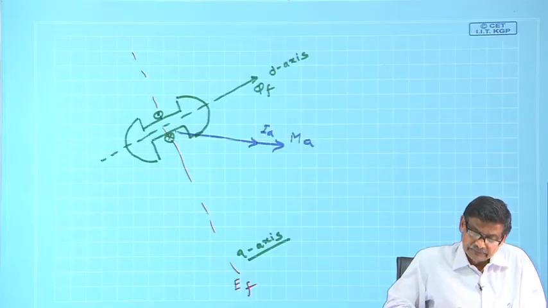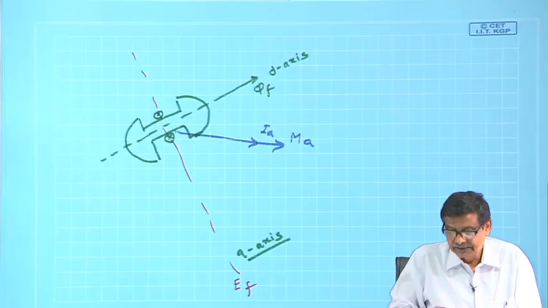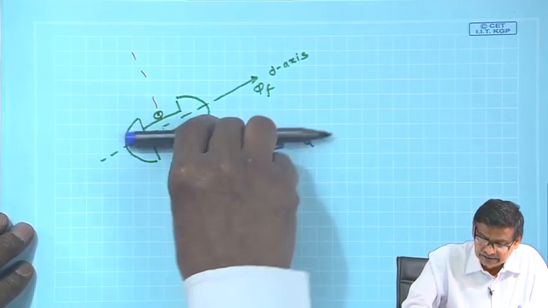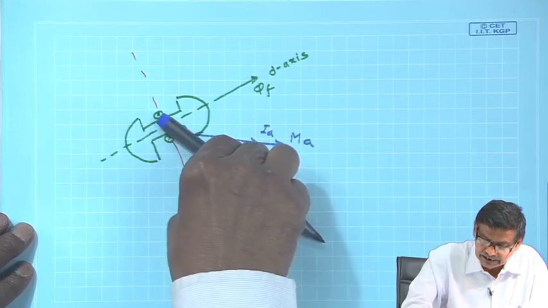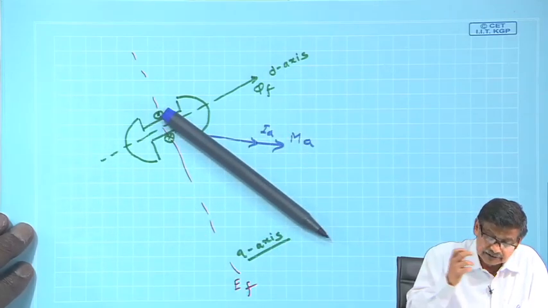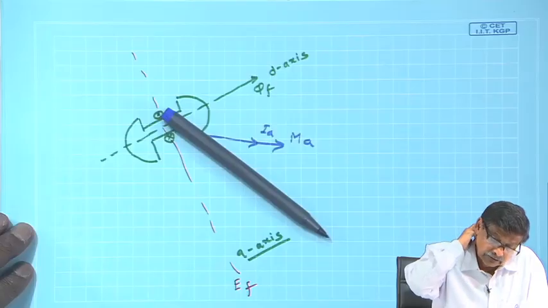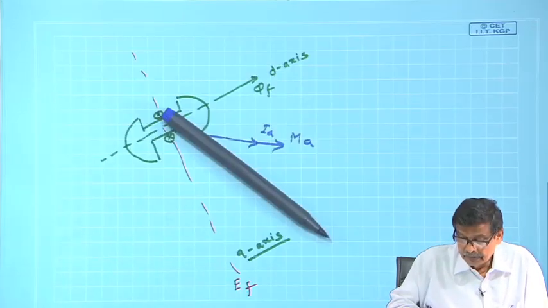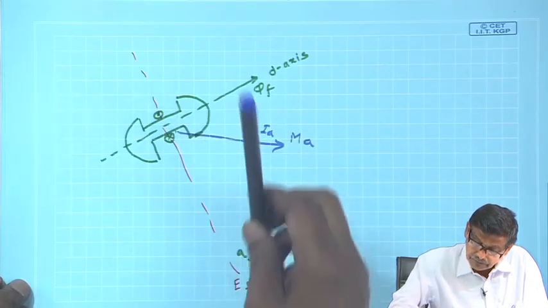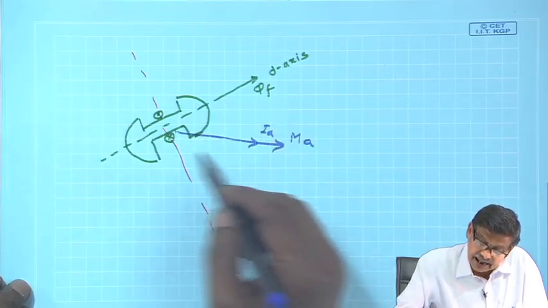So, the interesting thing that is suggested is this. The problem is this I A can be here, can be there, depending on power factor angle and so on. Therefore, reluctances are varying. So, why not break up this armature current into its d and q axis components?